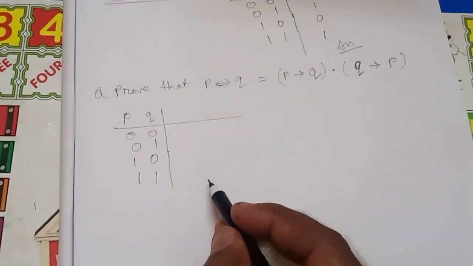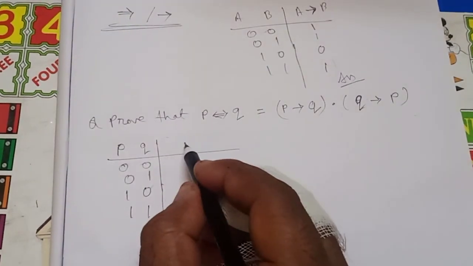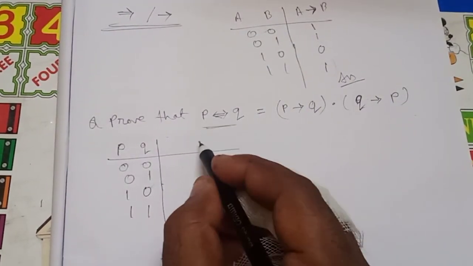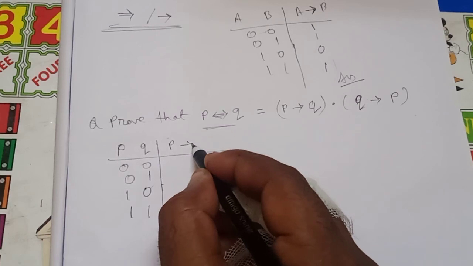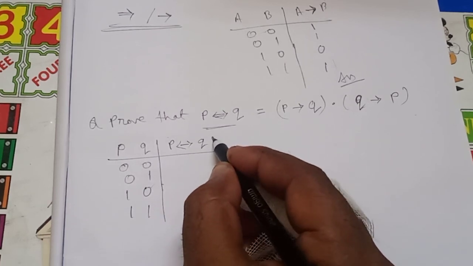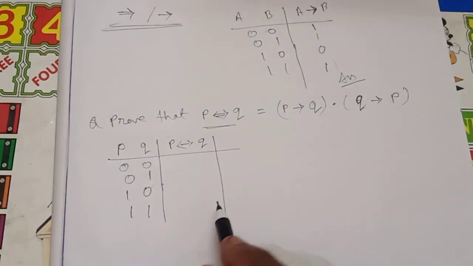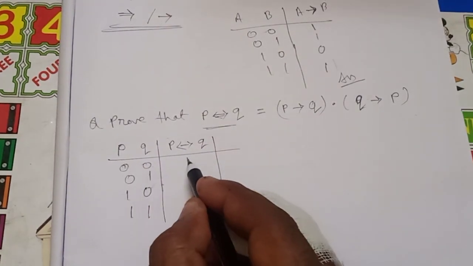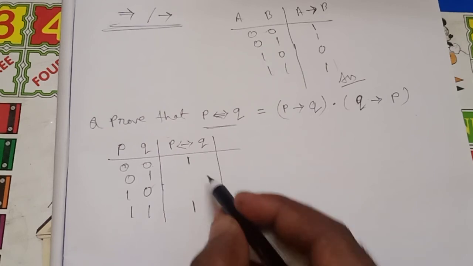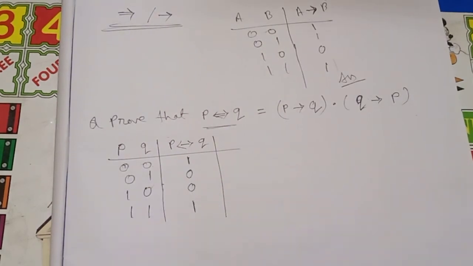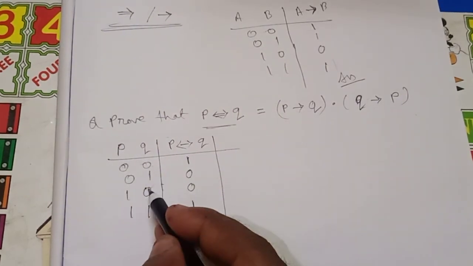Now next we find the left side value, P double arrow Q. P double arrow Q means when both values are the same: 0 0 means 1, 1 1 gives 1, remaining we write 0. Both are not the same.